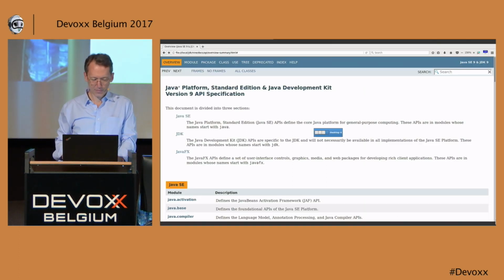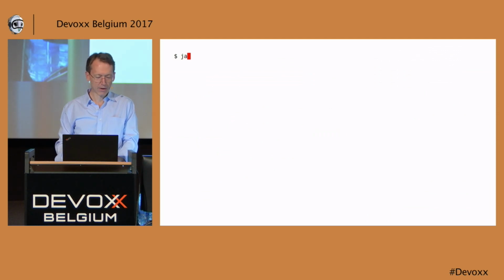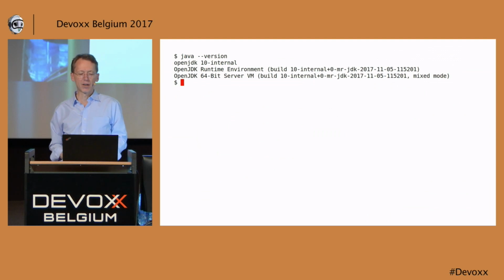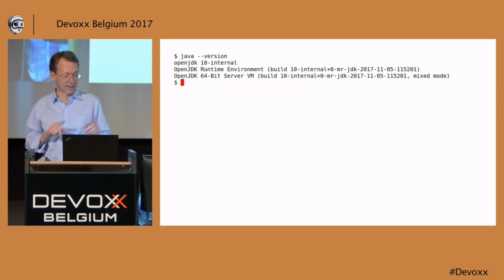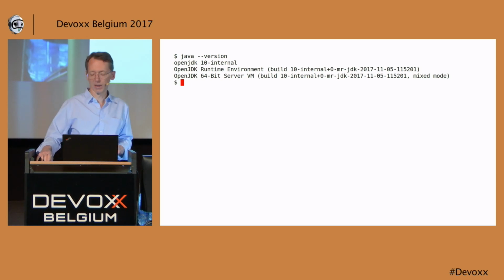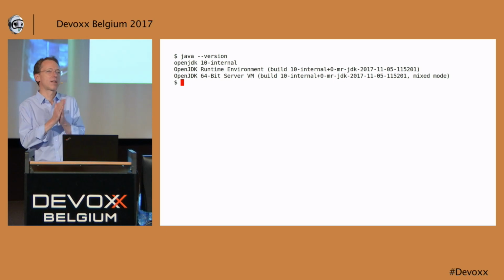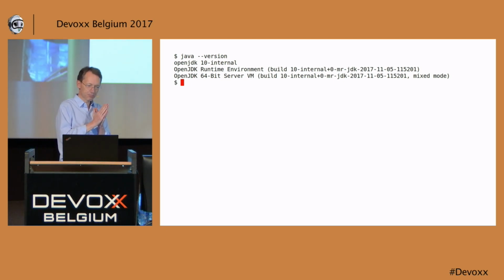So here we are again with a few days old build of JDK 10, not 9, 10, just because life on the bleeding edge is so much fun. What are we going to do here? The theme here is migrating to modules.